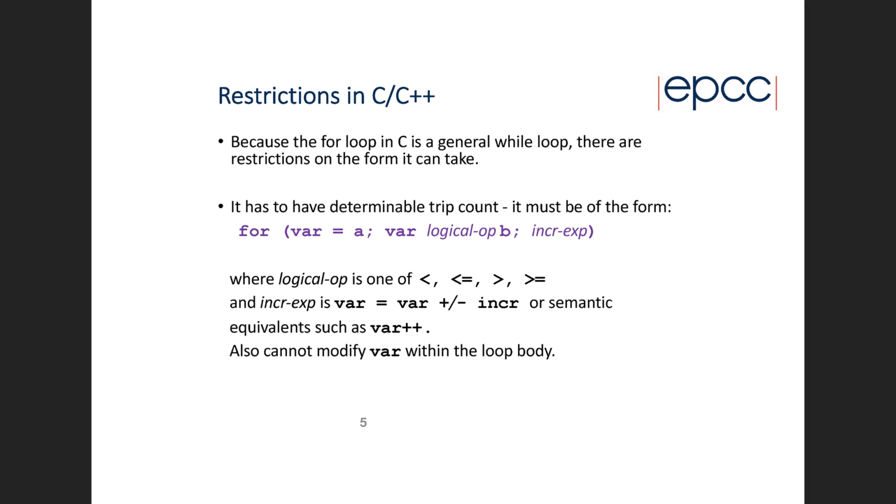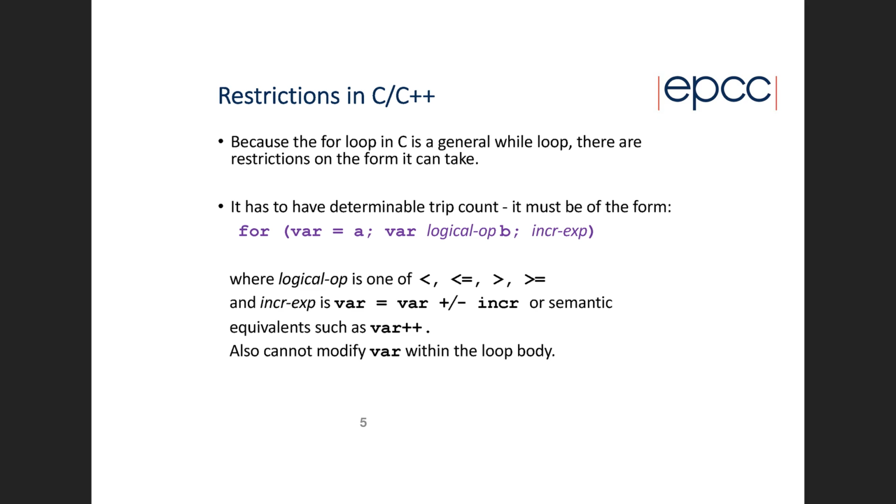So there are some restrictions on the form it can take if we want to apply an OpenMP for directive to it. Basically, it has to have a determinable trip count. The number of iterations must be computable before the loop starts executing.